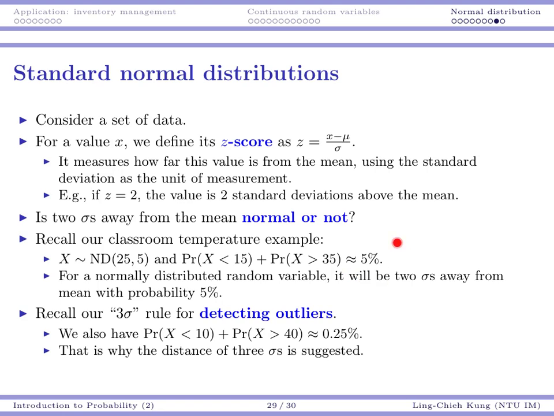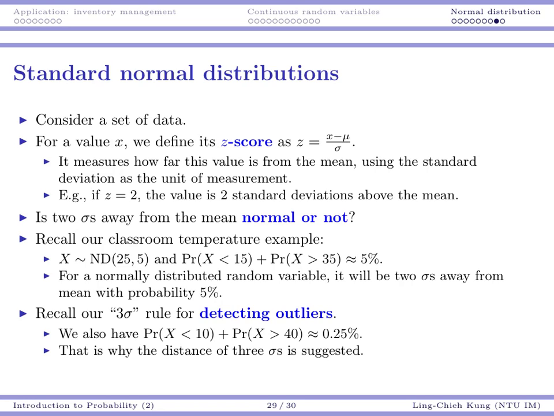That's just 5%. And this can be generalized because all the normal distribution curves can be scaled. So for a normally distributed random variable, that is the chance to be so far from its expected value. Extreme values are always possible, but to be 2 sigmas away from your mean, you only have probability 5%.